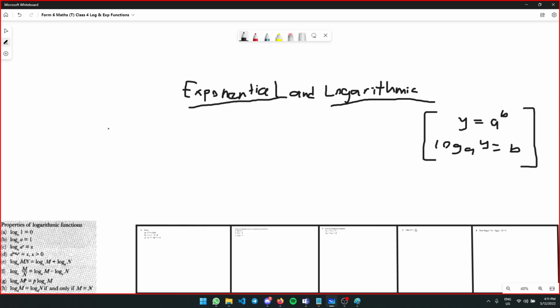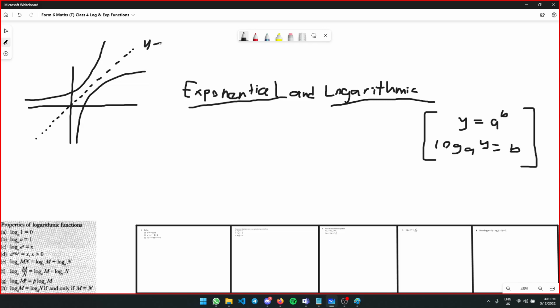Even on a graph, a log graph will look something like this, while an exponential graph will look something like this, and they are both mirrored about the line y equals x. So this is from your previous knowledge.